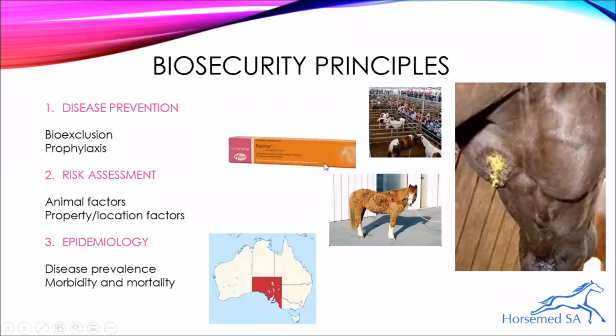And so some of these pictures here represent some of these terms over here on the left. So one thing we need to think about is animal factors. So we have our areas where lots of horses mingle together. And I always say to people, and this is half a joke, but if you'd like to get a horse with strangles or introduce a horse onto your property with strangles, the best thing to do is to go to one of the sale yards and you rescue one of these poor horses for $300.